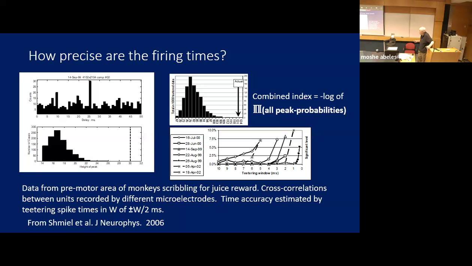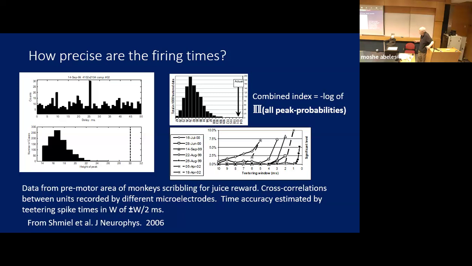Suppose we have a drug that we can put in the brain, and this drug has the following effect. Whenever the membrane potential of a neuron crosses threshold, it will delay its firing within W milliseconds. So the firing time would not be locked exactly to the threshold crossing, but jittered in some window W.